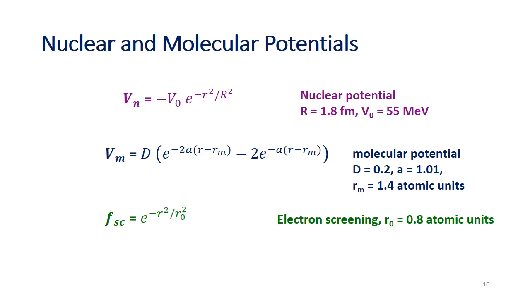We use these parameters; these are actually slightly different. The D parameter is slightly higher than what comes out from the data. Then there's also the screening potential, which we took to be like this. This also deviates a bit from the standard screening term, which is typically e to the power minus r by r naught.